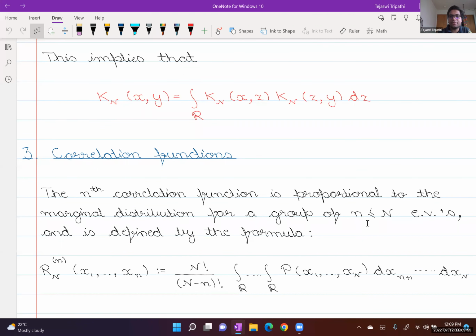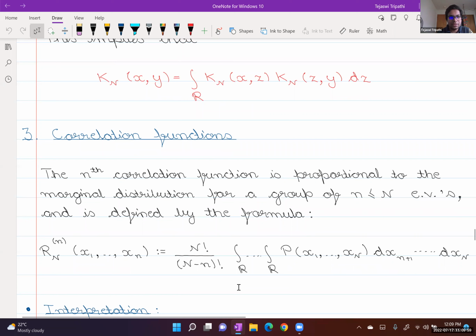We just integrate over the other variables, and it's defined by this formula. So this part is nothing but the marginal distribution, and this is the proportionality constant. Okay, let's try to see what these mean and what we can do with this.